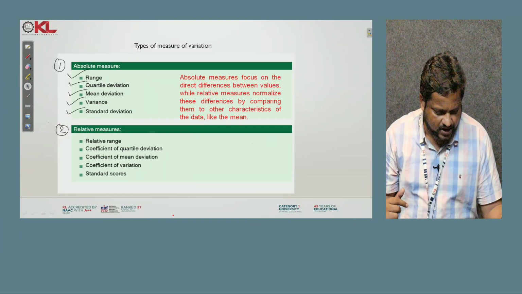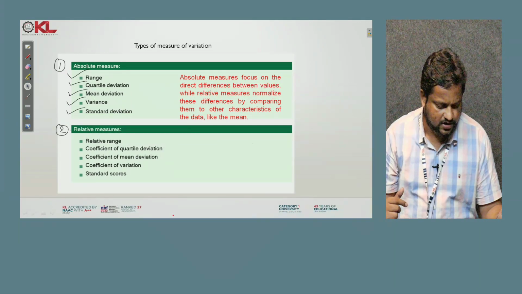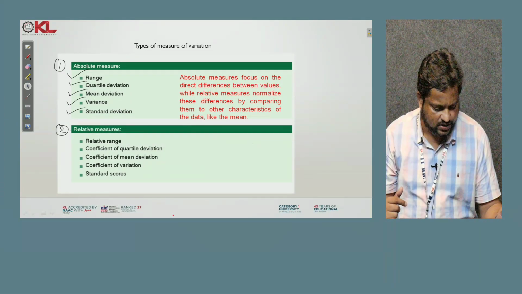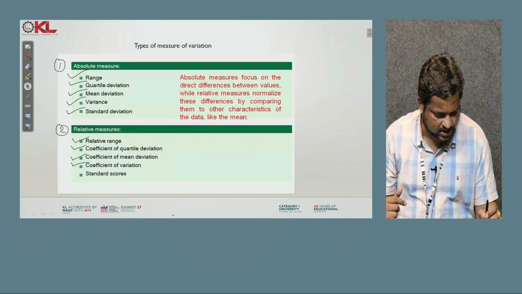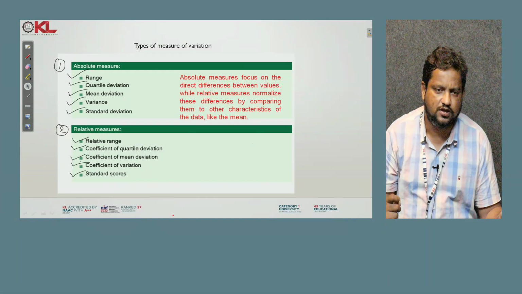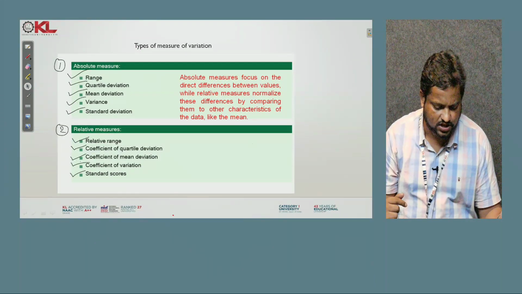One more point to understand: as I mentioned, there are two sets of methods. Relative measures also have various tools: relative range, coefficient of quartile deviation, coefficient of mean deviation, coefficient of variation and standard scores. These are the tools we use to find the measure of variation. So these are the two broader classifications.